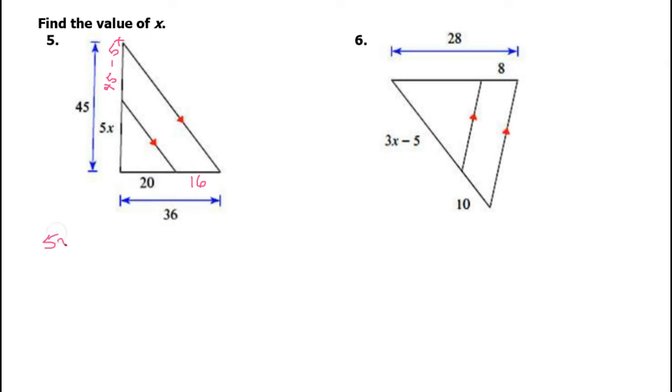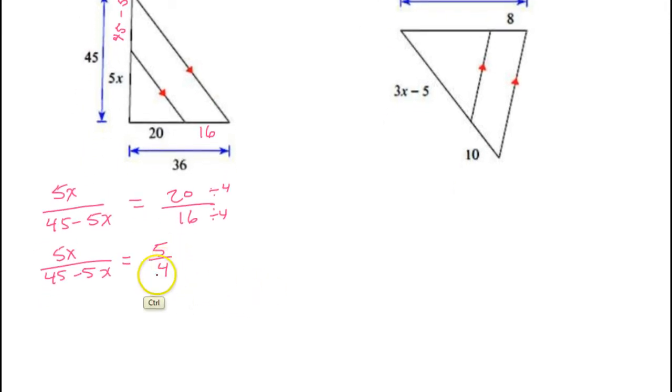So that's going to be 5x over 45 minus 5x is equal to 20 over 16. Both of these are divisible by 4, so that's going to give me 5x over 45 minus 5x is equal to 5 over 4.